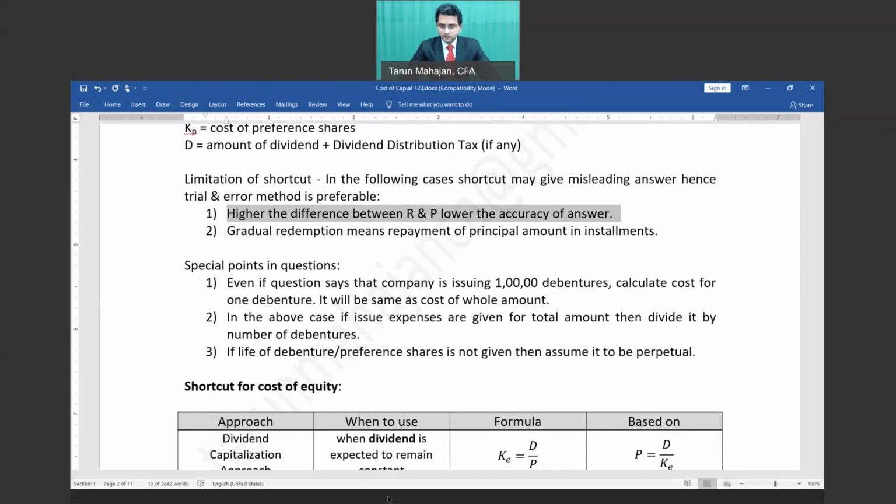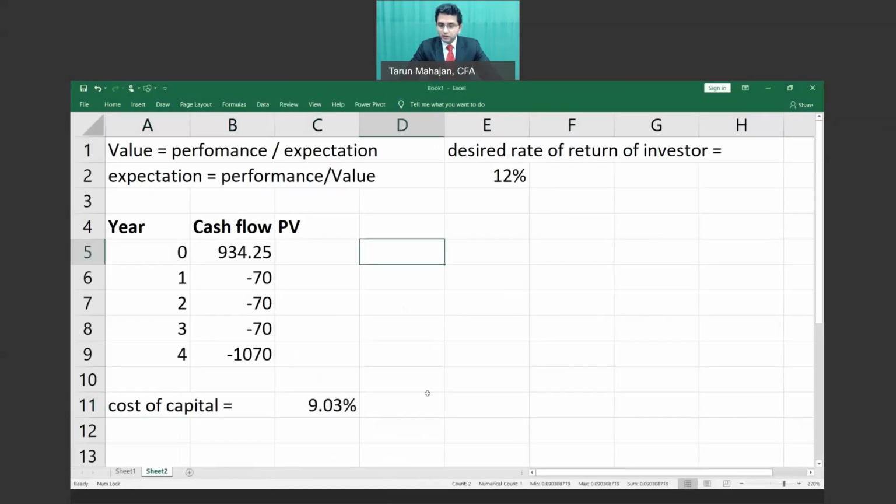Like here, if I apply the shortcut formula also, and in 2-3 steps if I solve it, first I'll do I into 1 minus T. So amount of interest is 100 rupees, and then I multiply it by 0.7, it is 70. Then the R minus P divided by N portion.